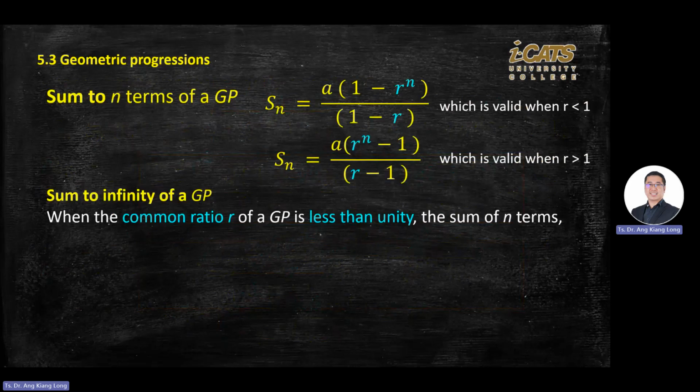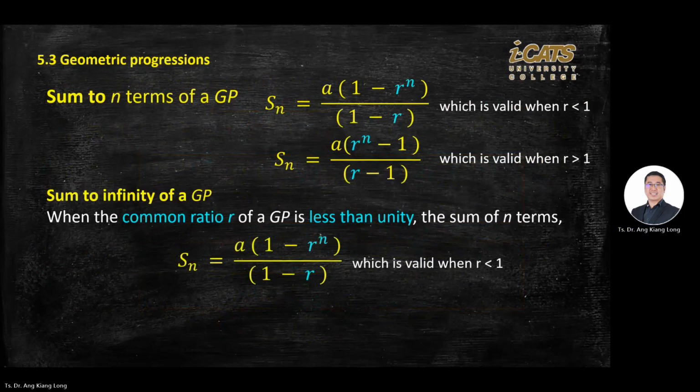Okay. So when the common ratio is less than unity, infinity means your R is less than 1. You take the second term divided by the first term, sorry, second divided by first one.